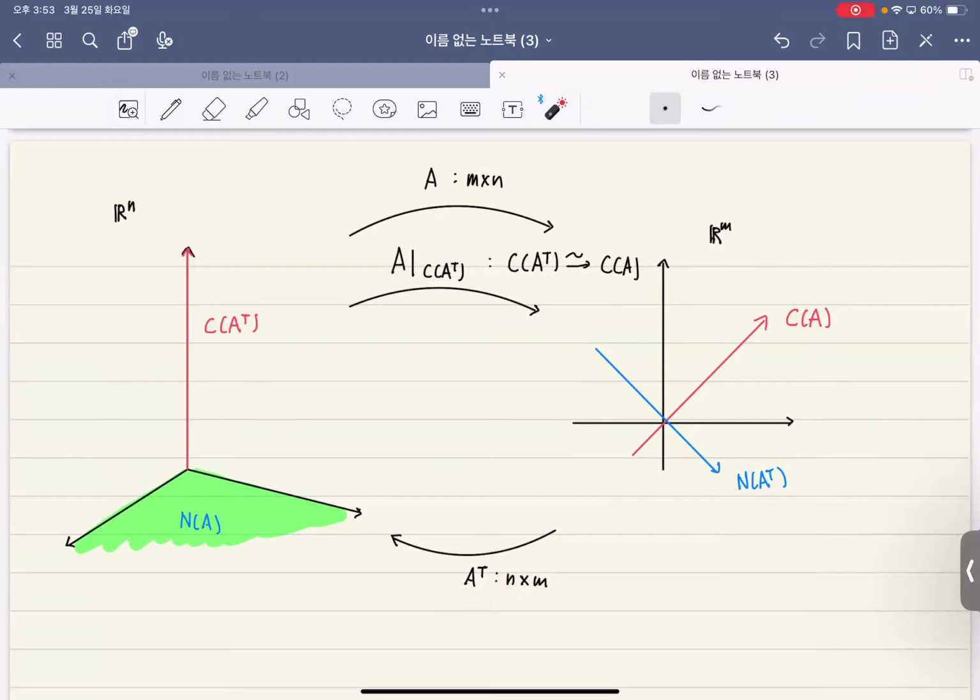From this viewpoint, this is my new domain, and this is going to be my codomain, right? Although they look quite different, I am pretty sure that this space is now being bijectively mapped onto the row space under this transformation. Okay? All right.